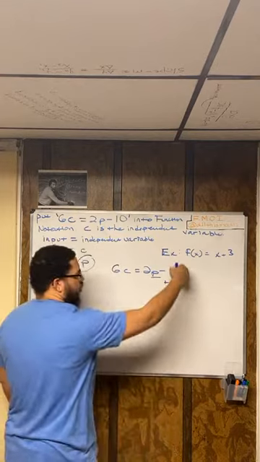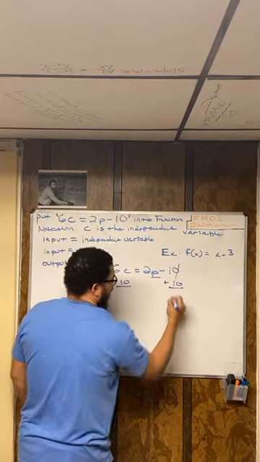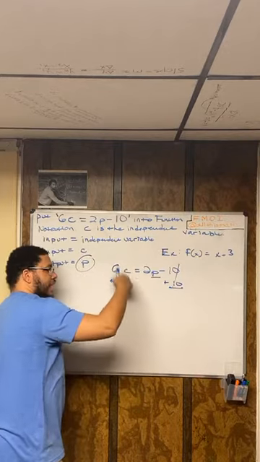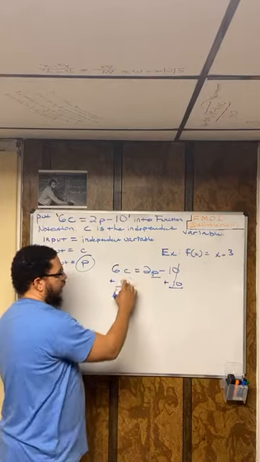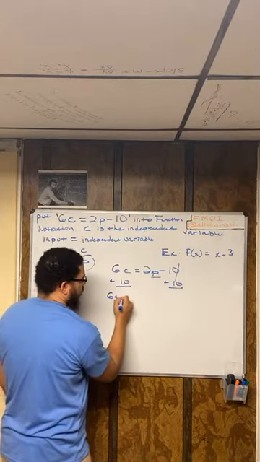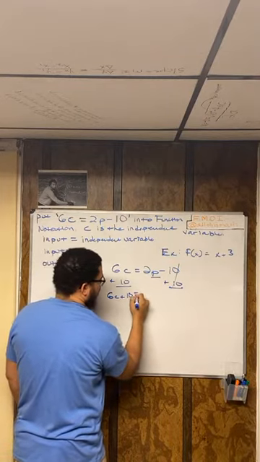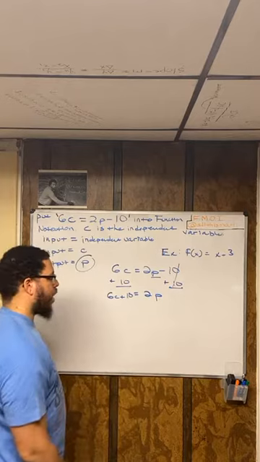So I'm going to add 10 on the right side. Then I'm going to add 10 on the left side. Now over here, that's a 0. But over here, this is not 16c. It's not 16c. These are not like terms. You cannot combine these. We can, however, just write them next to each other, juxtaposed. 6c plus 10 is equal to 2p, right?